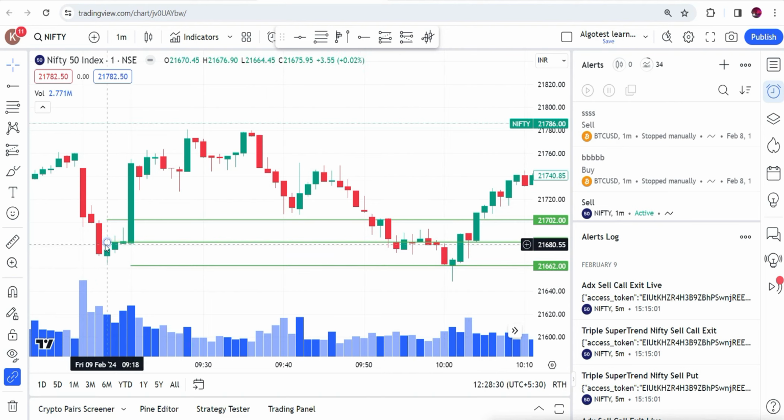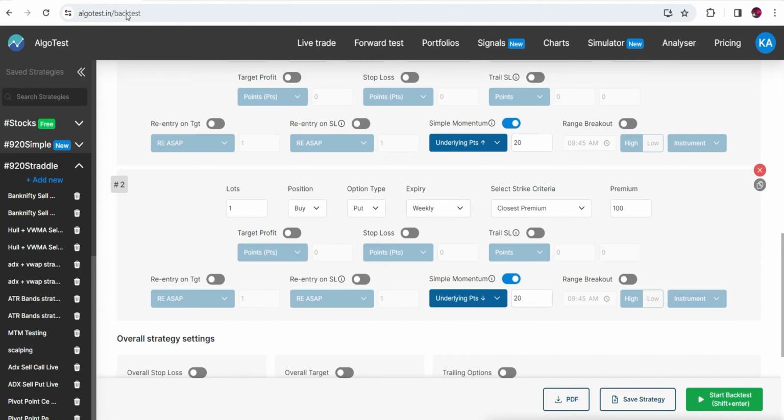The price it selected for reference was at 920, and from this price 21,682, 20 points down was 21,662. Now after some time the market moved here, meaning 20 points downside momentum, so it will take entry in put buy. From here it will select the buy put position. So this is how the underlying points feature works.